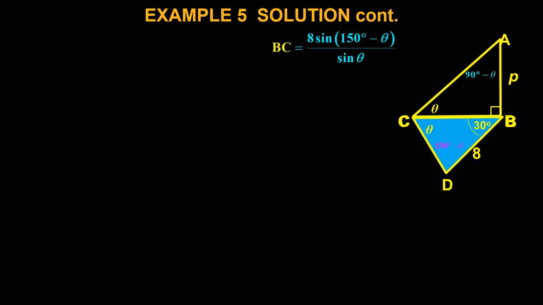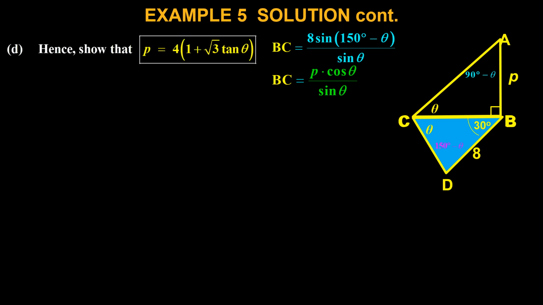We worked out BC from the previous question, BC in terms of sine theta, and then BC there in terms of P and theta, and this is what we want to find, P. Now BC is this expression, and BC is equal to that expression. Therefore, what can we deduce? That's correct. We can deduce that 8 sine 150 minus theta over sine theta is equal to P cos theta over sine theta.